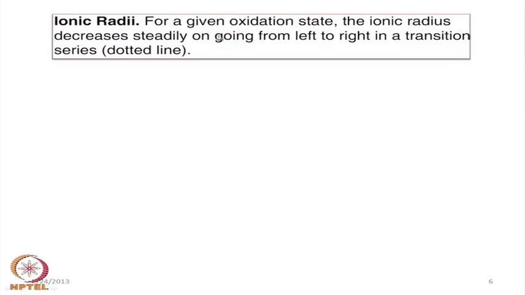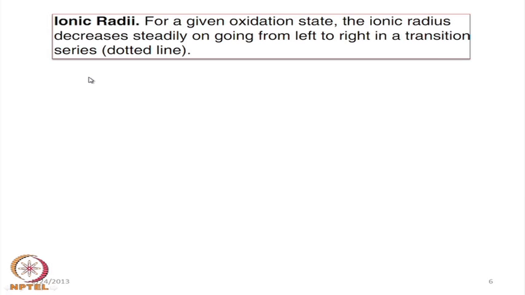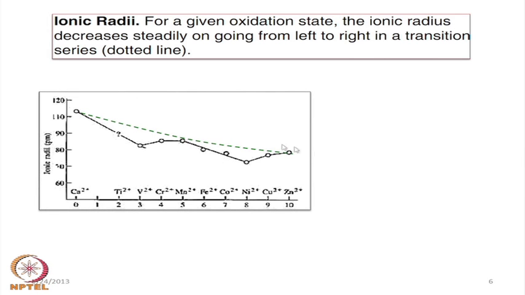So, for a particular oxidation state, the ionic radius decreases steadily on going from left to right in a transition metal series. We see a monotonic contraction in the size. Ionic radius is falling, because the energy parameters for hydration as well as lattice formation are increasing from left to right.